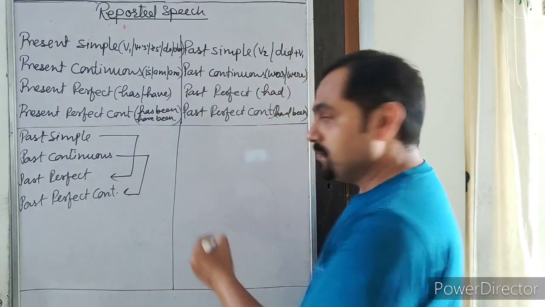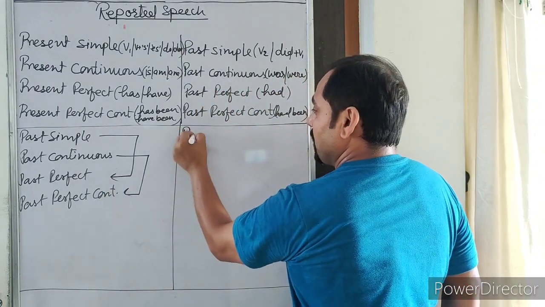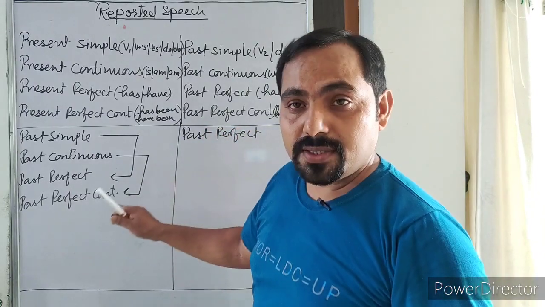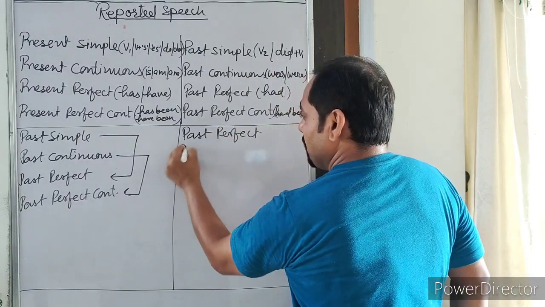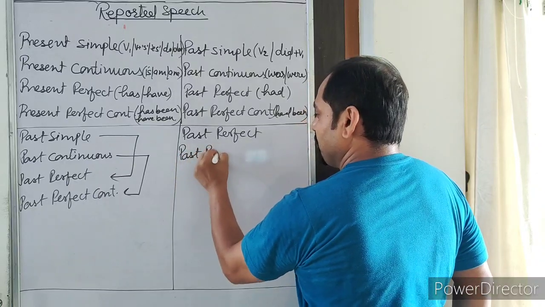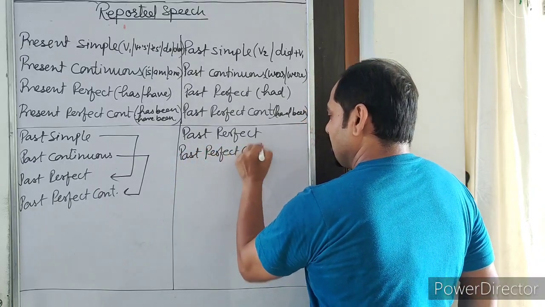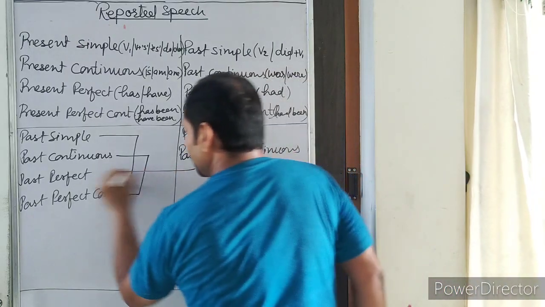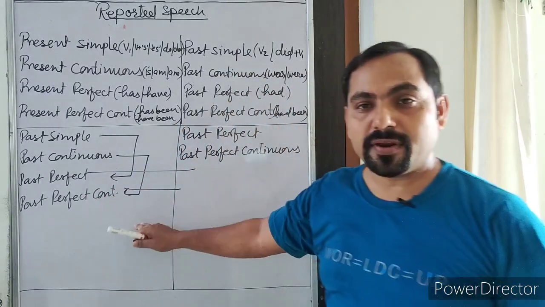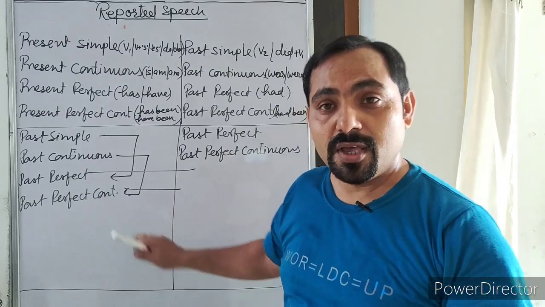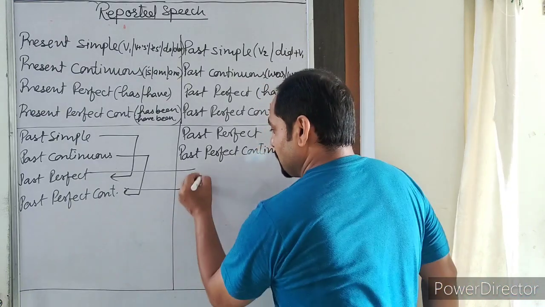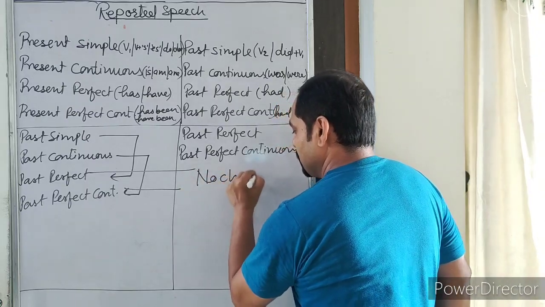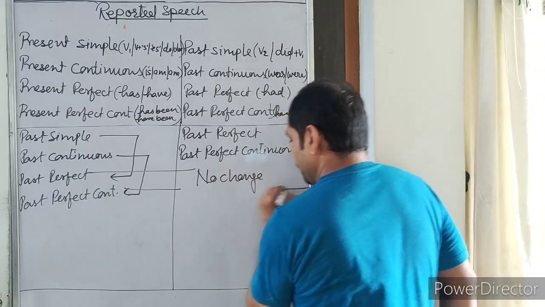It means past simple will be changed to past perfect, and past continuous tense will become past perfect continuous. Okay, and these two, past perfect and past perfect continuous tense, will remain unchanged. Okay, there will be no change.